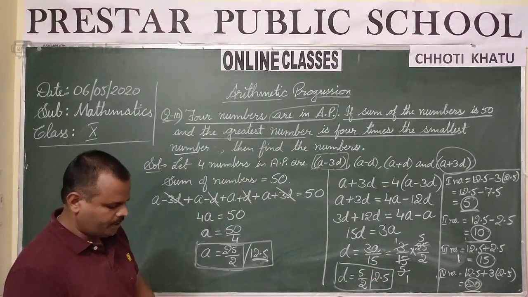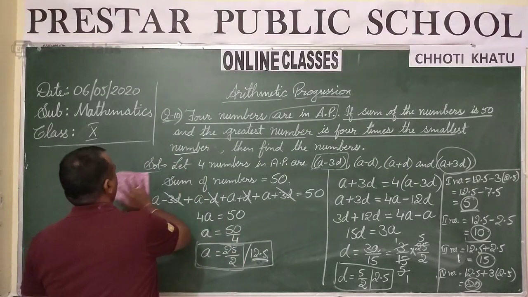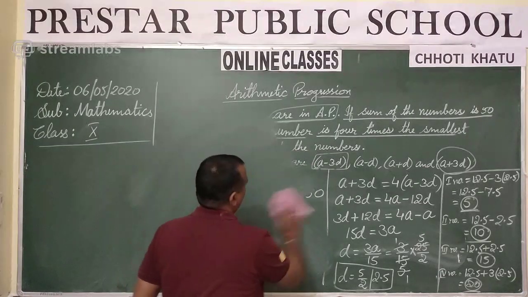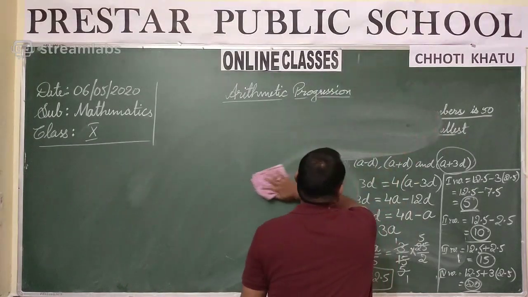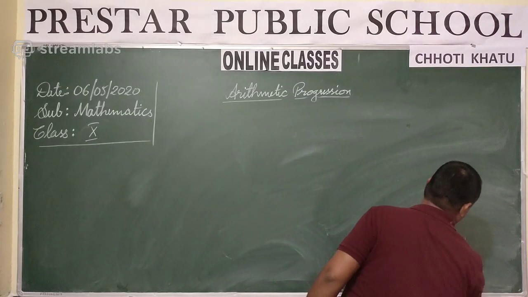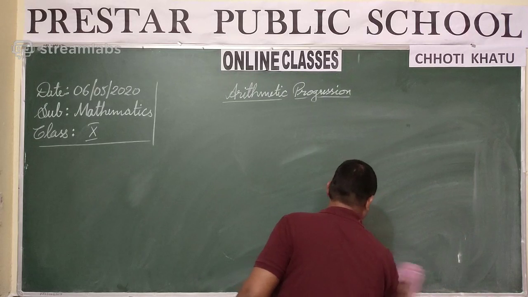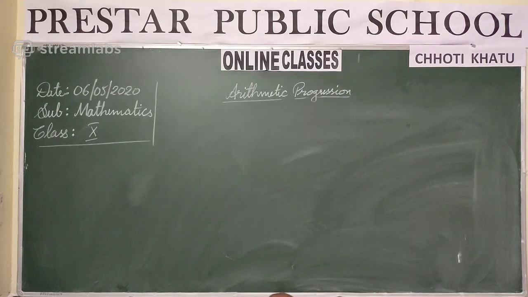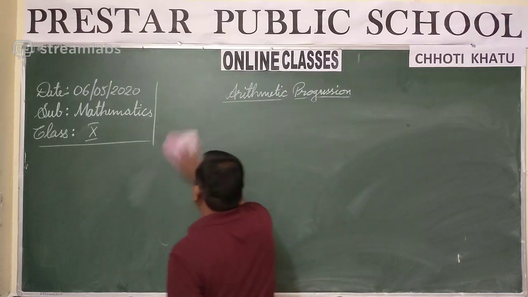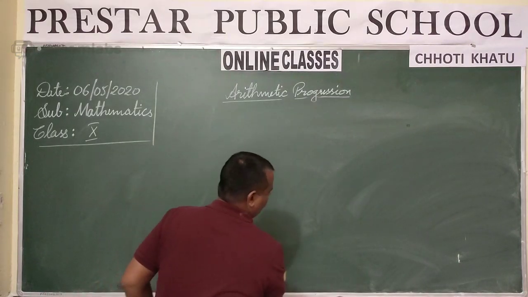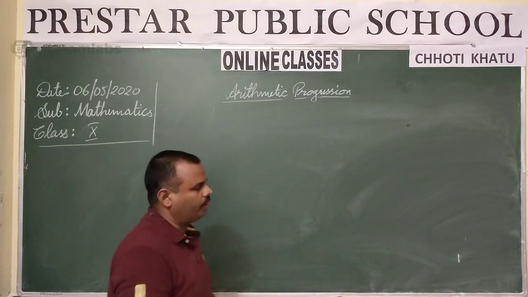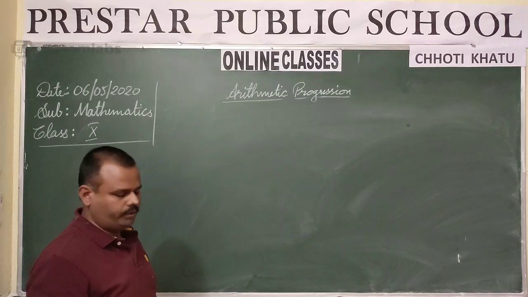Now let us move to the next part of this arithmetic progression. We have done the nth term. Now we will talk about the sum of the numbers. If you are given an AP with a fixed number of terms or with any number of terms, how to find the sum of them?